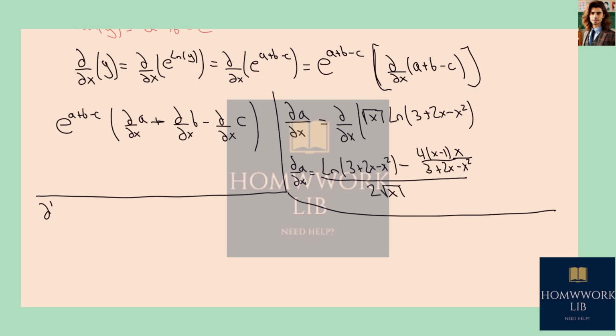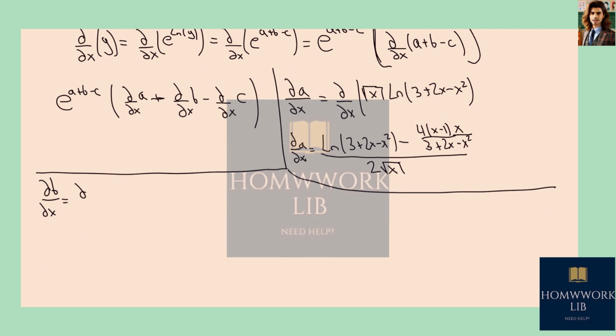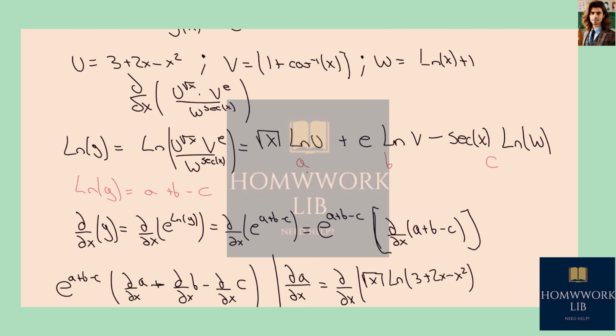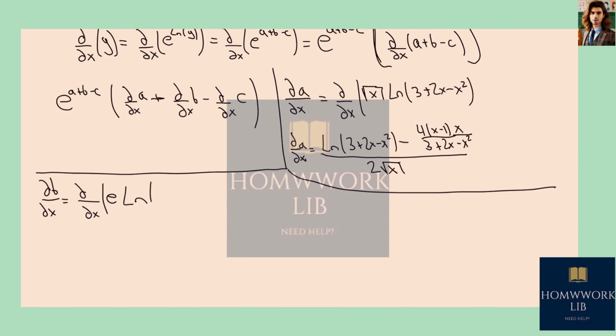Okay. We're going to do the same with the derivative with respect to b. So the derivative of b with respect to x. This is going to be equal to the derivative of b, which was e times the logarithm of ub, which was 1 plus cosine to the minus 1 of x.